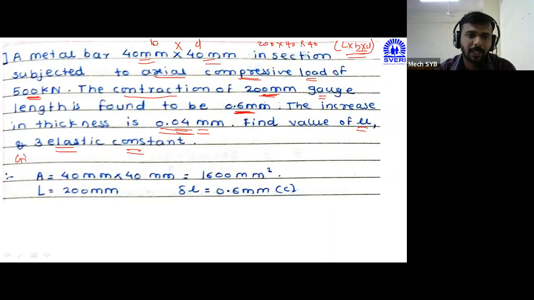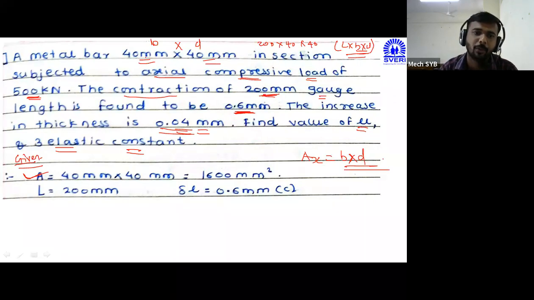So if I write down the given: here 40 mm by 40 mm is the cross-sectional area, because the force is applied in x direction. When we have to find the area Ax, it is the product B into D. Area Ax means B into D. In type number 5 we saw Ax means B into D, Ay means L into B, and Az means L into D. But here 40 mm by 40 mm means B into D is already given.